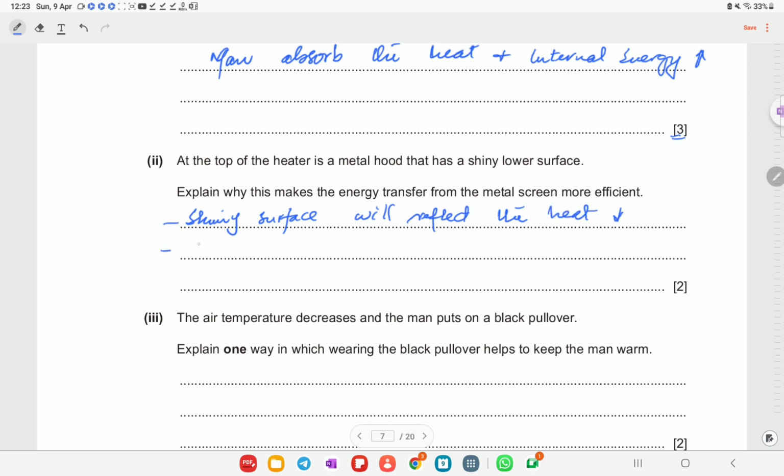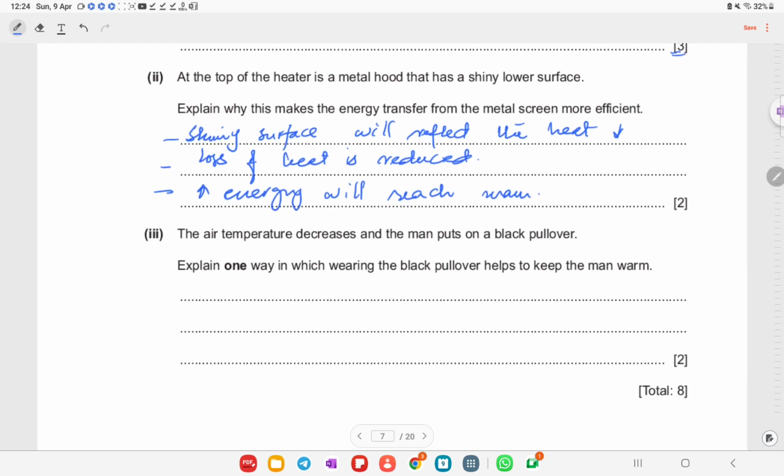And then we are going to write this: loss of heat is reduced because of this shiny surface, and more energy will reach the man.